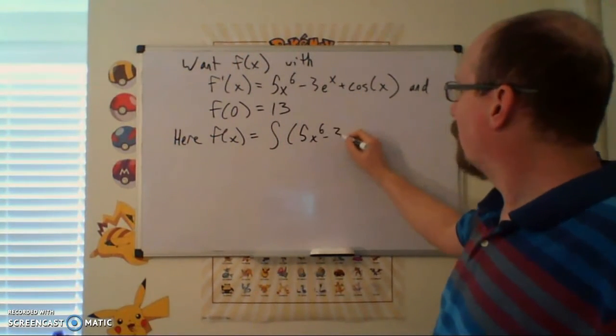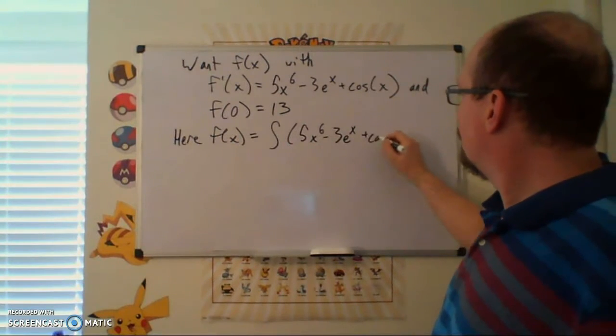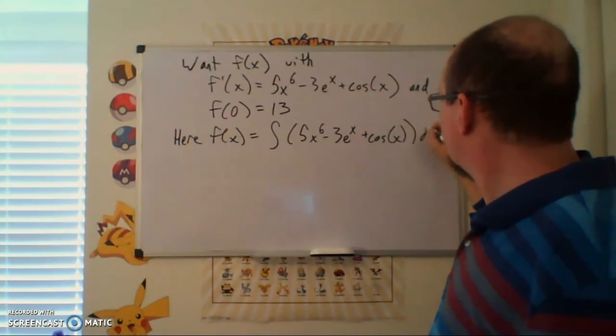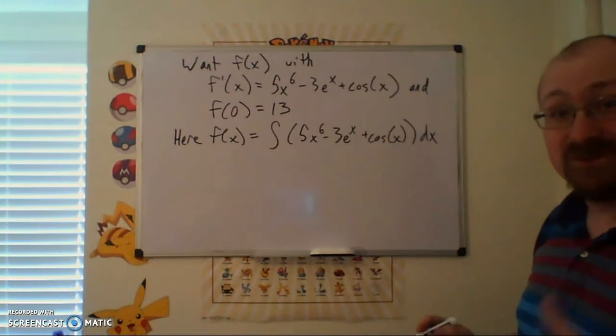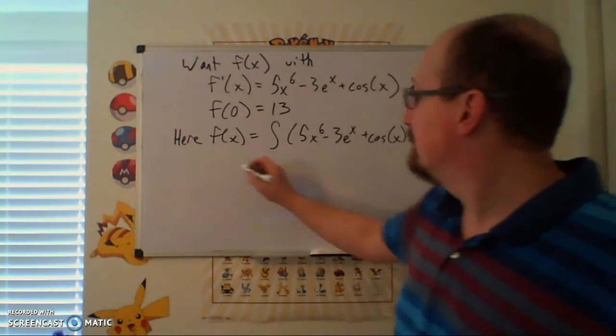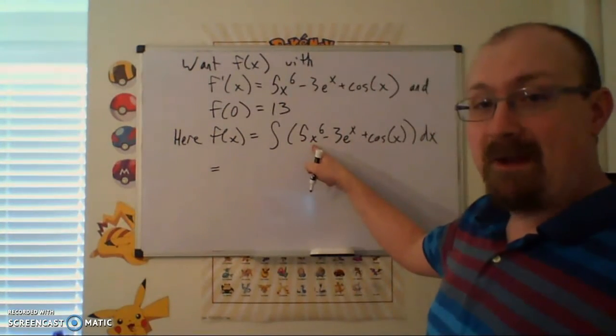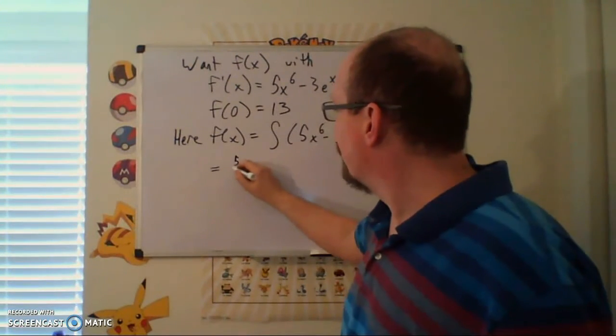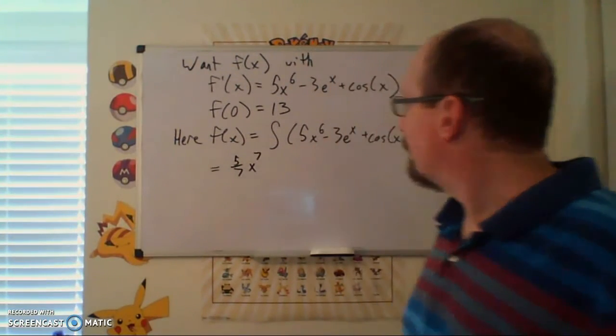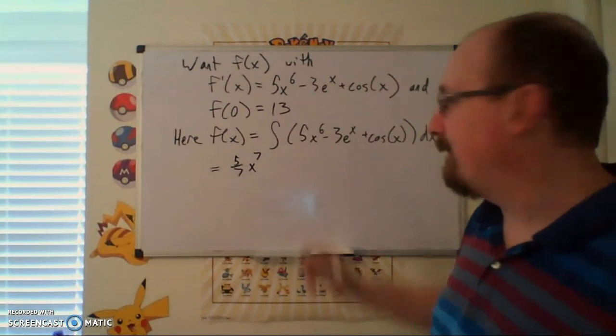So work this guy in right here. We're going to find antiderivatives using the rules on our best friend sheet. So we can use the power rule here. Exponent goes up by 1, divide by that new exponent. So we have 5/7 x to the 7th.